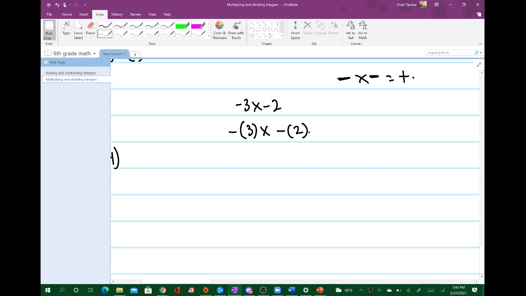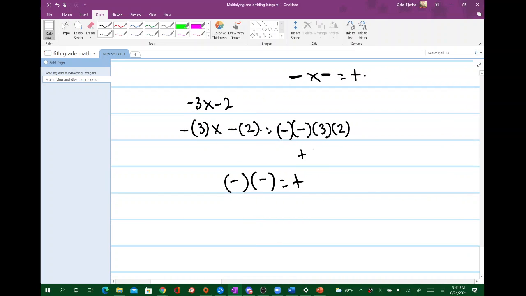This is really going to be negative of negative. So it's going to be negative times 3 times 2, right? We said negative. What did we say negative times negative was? We said that was positive. So it's going to be positive. What is 3 times 2?